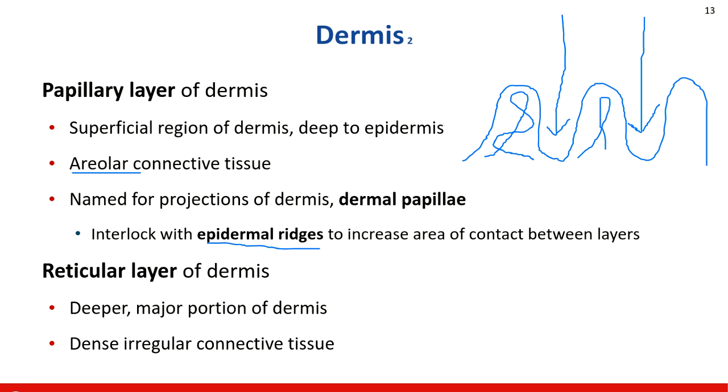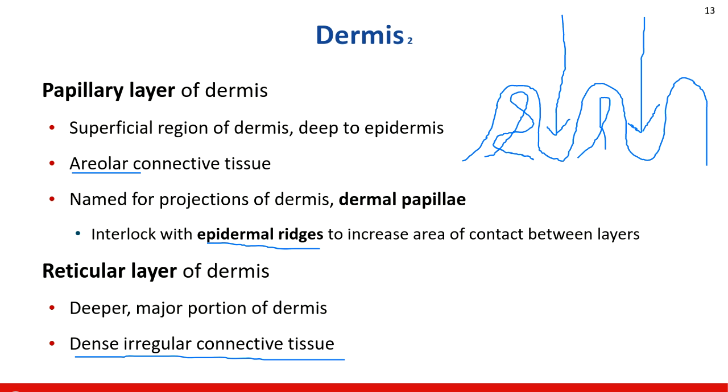All right, so the other layer that's deep to the papillary layer is the reticular layer. This is the bigger one. This is going to have a bunch of the other tissues that we'll talk about in a little bit, but it's primarily made up of a dense irregular connective tissue. And that's great because dense irregular connective tissue can actually withstand multi-directional stresses.